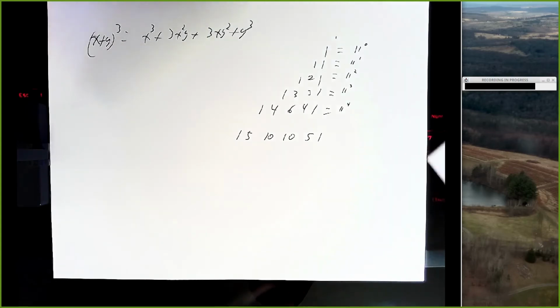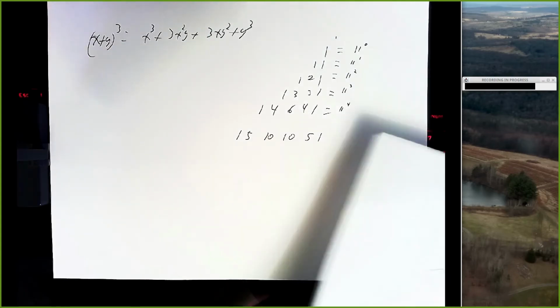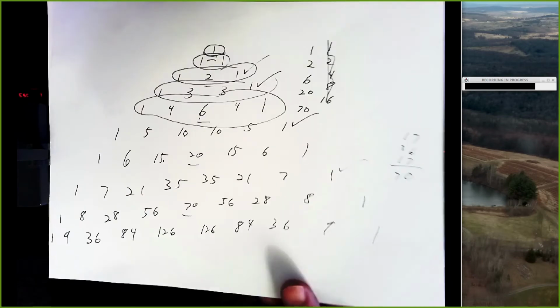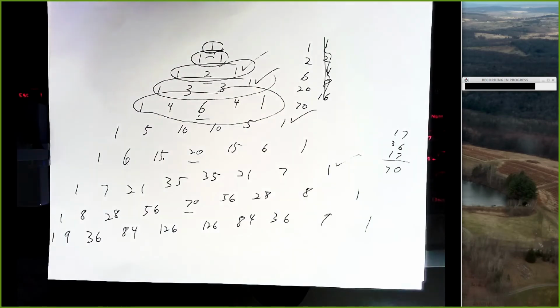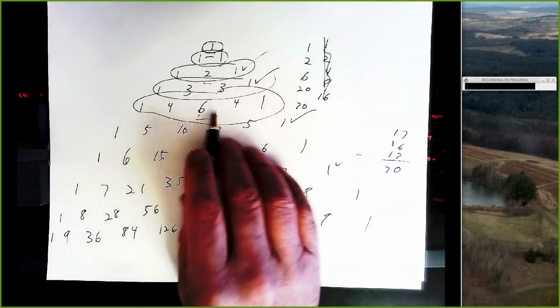And so this pattern actually holds, but the way we write decimal numbers sort of defies that pattern beyond 11 to the 4th. But it holds, and that makes sense with this idea that each number here is the sum of the two numbers above it.